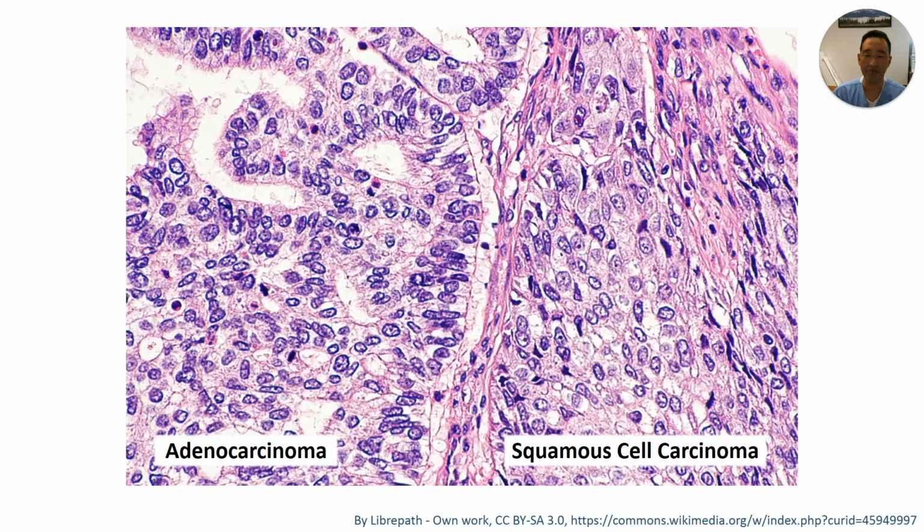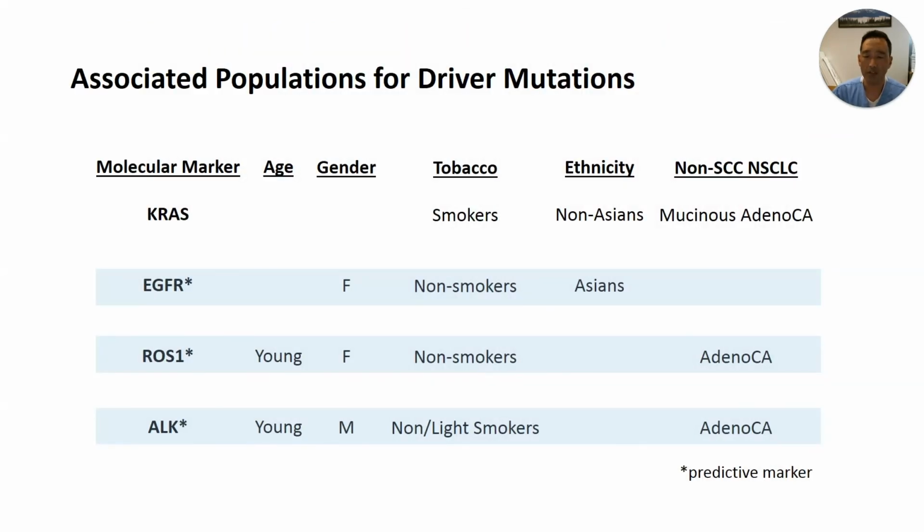You can have patients who have mixed tumor types. So you can easily see how you might accidentally biopsy a component that is squamous cell carcinoma, but the pathology doesn't reflect the fact that the patient has adenocarcinoma and may have driver mutations where they might benefit from treatment with some of our newer TKI therapies. So who might we consider this in?